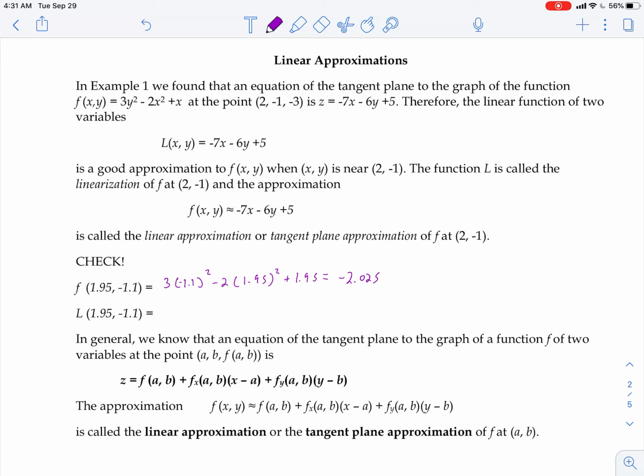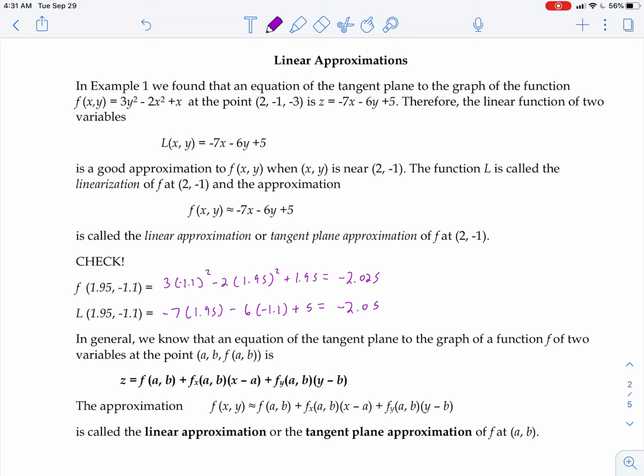And when we do the math, we get -2.025. Next, we have the linear approximation. Now we're going to use the linear approximation of the tangent plane to find the value at (1.95, -1.1). So we have -7 times 1.95 minus 6 times -1.1 plus 5.